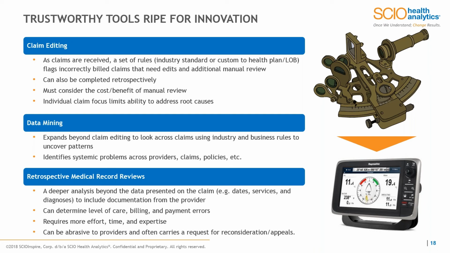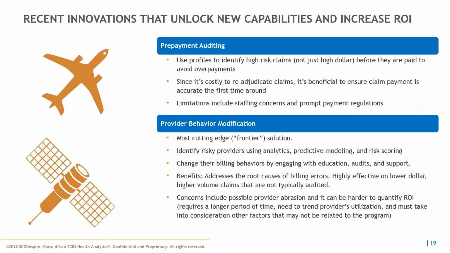Whether your business unit is called cost containment, payment integrity, audit and recovery, every year the targets and goals get larger and larger and teams are asked to do more with less. How many times have you heard that? Do more with less. There are two solutions that unlock new capabilities to help payers meet those targets. The first is the expansion of prepayment auditing.